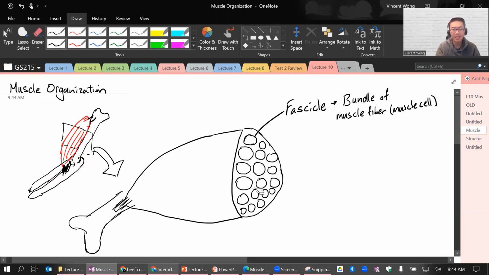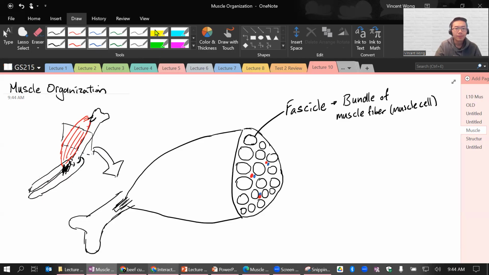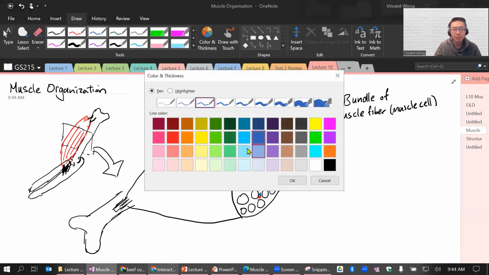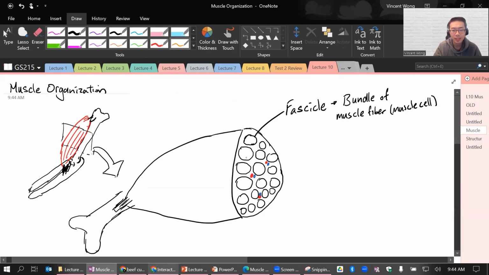You have a lot of fascicles here, and in between you might have some blood vessels, arteries and veins. You will also have some nerve endings to control the muscle. The orange are the nerves, and I don't want to oversaturate the picture, but you can make a note yourself: the orange are the nerves, and the red and the blue are the blood vessels. So far, okay?